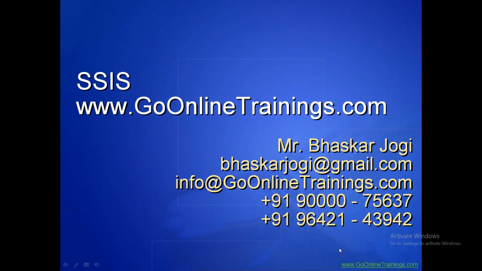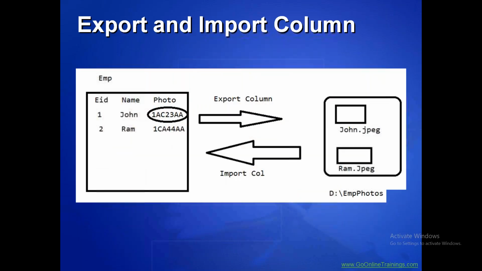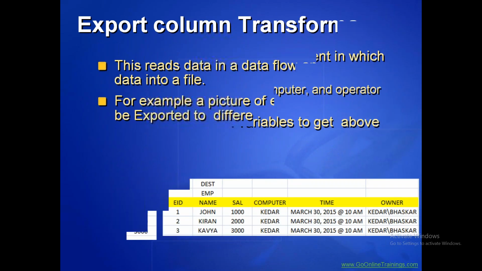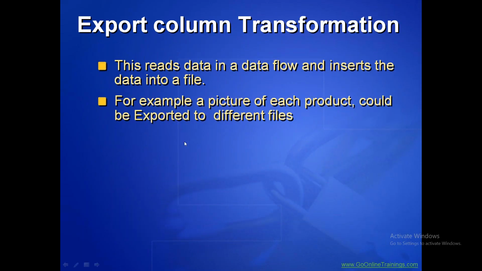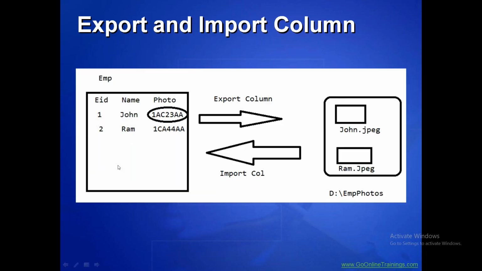Clear? Now, one more thing I was discussing the other day: if you have some data coming from import column and export column transformations. Export column means I have some data in the database in hexadecimal format, and I would like to take this data and convert it into JPEG format.